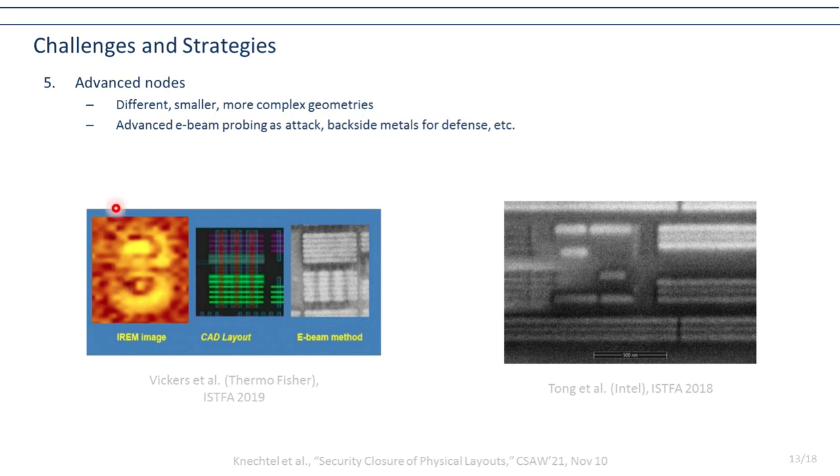Illustrated here is classical infrared probing, which may not be good enough to read out data at runtime from such advanced geometries and cells, whereas E-beam, as illustrated here, or also here in another work, can still be leveraged to help an attacker figure out the data at runtime. So this is the one aspect. The other aspect is that there are even more effects coming into the picture with advanced nodes in particular, namely reliability effects.